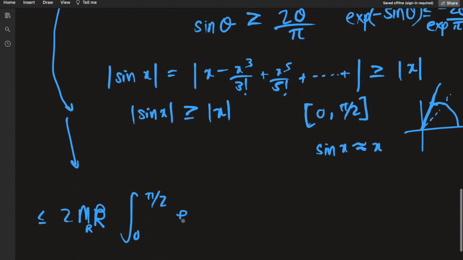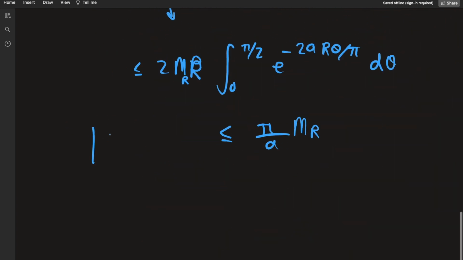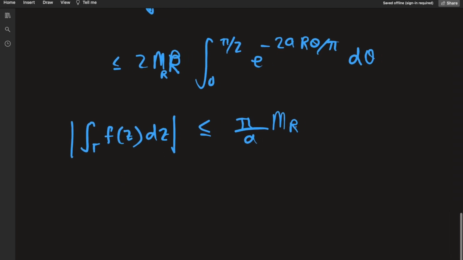So e to the negative 2a r theta over pi d theta, and if you evaluate this, it's going to be less than or equal to pi over a times m sub r, and that was essentially the absolute value of the integral over gamma of f of z dz. And then the checkmating step for this problem was to take the limit as r went to infinity, and then that made this entire thing go to 0.